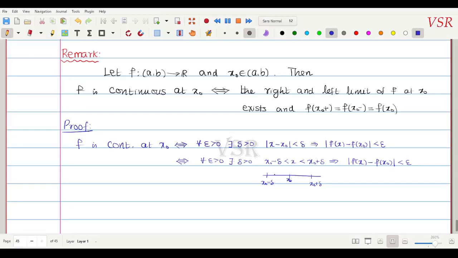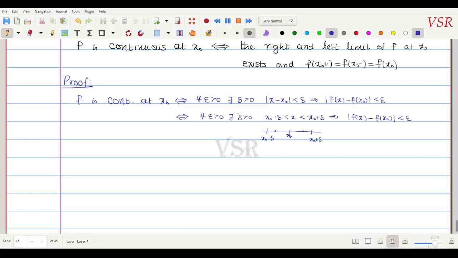Wherever your x lies between them, this condition will be satisfied. That is if and only if I may write like this: for every epsilon positive there is a delta positive such that x naught minus delta is less than x, less than x naught.